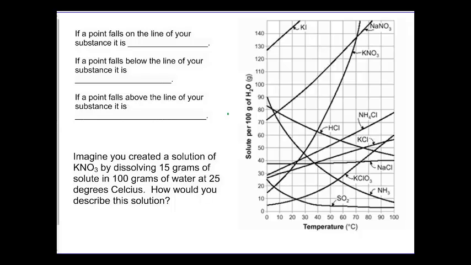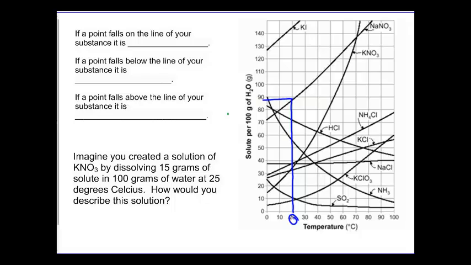So since the line represents saturation, if you have dissolved less than you possibly can, so let's say we're at 20 degrees, and we go up till we hit the line right here for NaNO3.